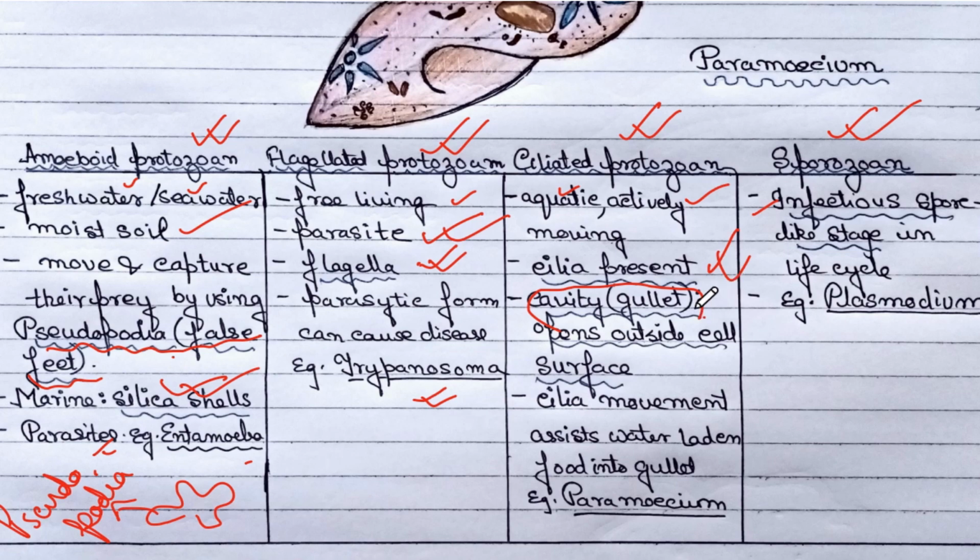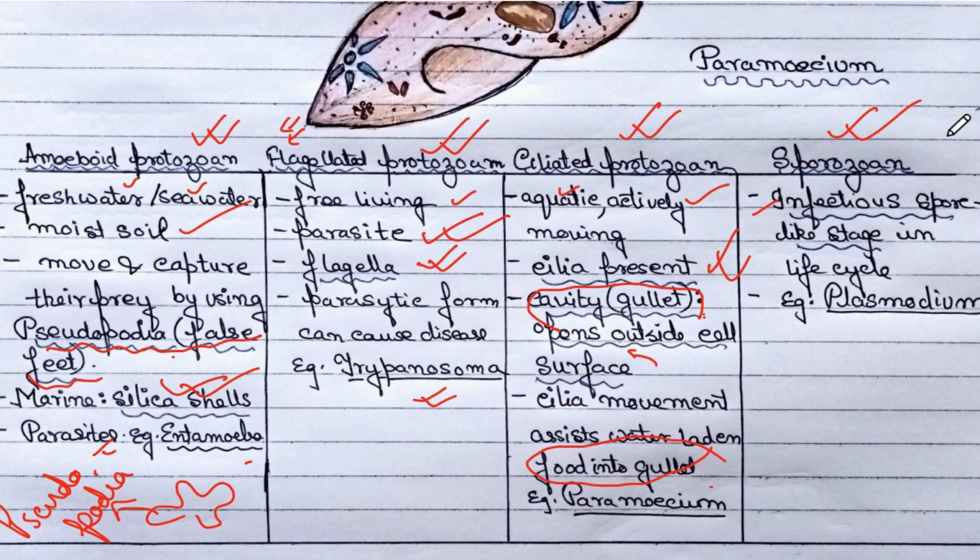It has a cavity or gullet which opens outside the cell surface. Okay. Cilia assists the movement of water-laden food into the gullet.